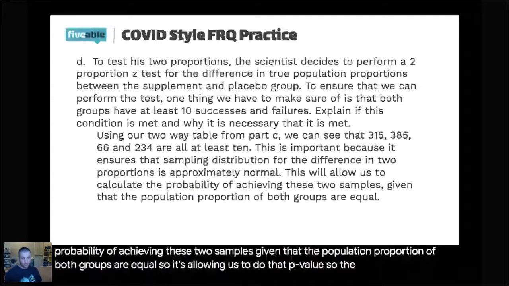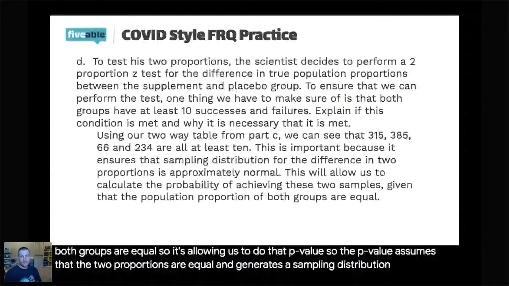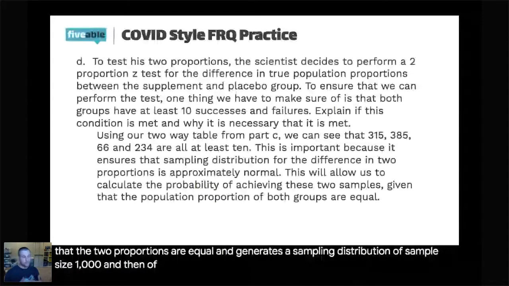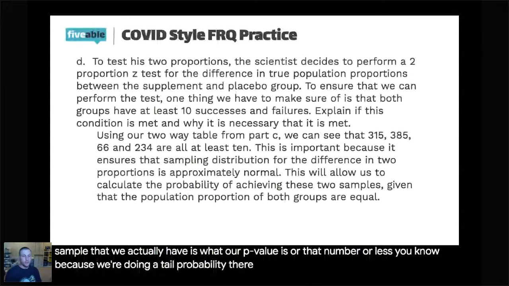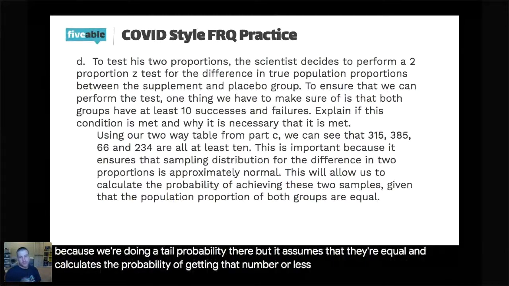So the p-value assumes that the two proportions are equal and generates a sampling distribution of sample size 1,000. And then of all the possible samples of 1,000, the probability of getting the sample that we actually have is what our p-value is, or that number or less, because we're doing a tail probability there. But it assumes that they're equal and calculates the probability of getting that number or less, or that number or more.